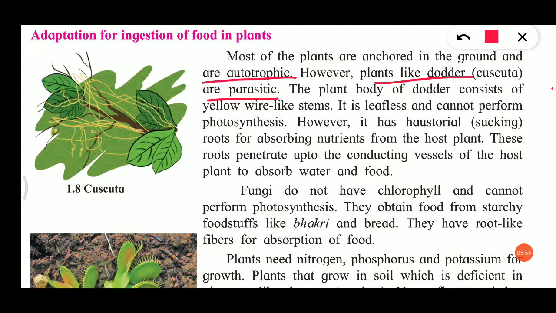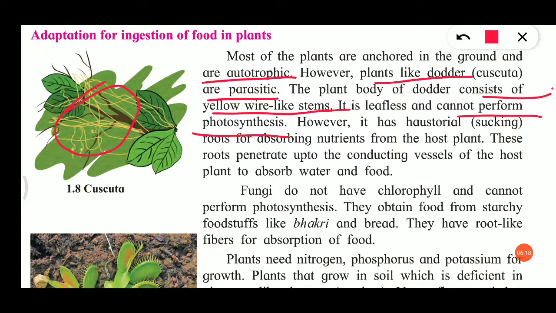The plant body of dodder consists of only yellow wire-like stems, no leaves. See here, yellow wire-like stems. It is leafless, and because it doesn't have leaves, it cannot perform photosynthesis.